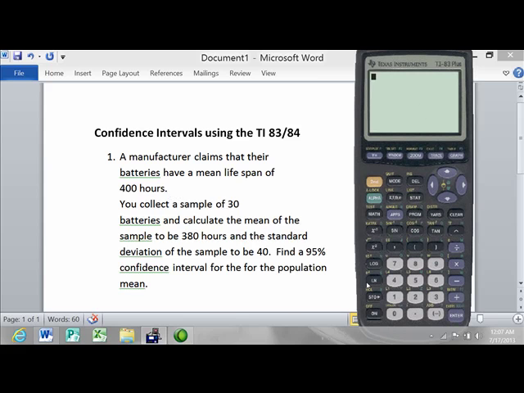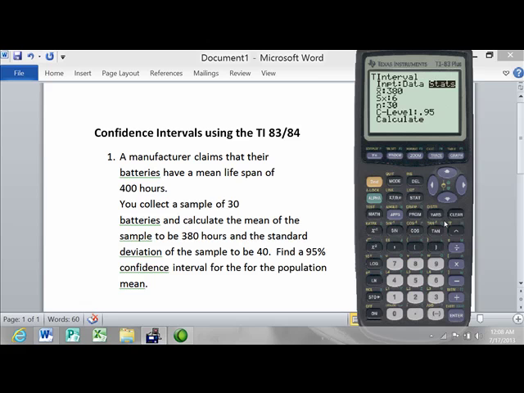So, what do I do to find the 95% confidence interval? We have to recognize this is a T interval. And we have 30 in our sample. That means we have degrees of freedom of 29. So to find a T interval, we click Stat, go across to Tests again, but instead of Z interval, we look for T interval, one below that.